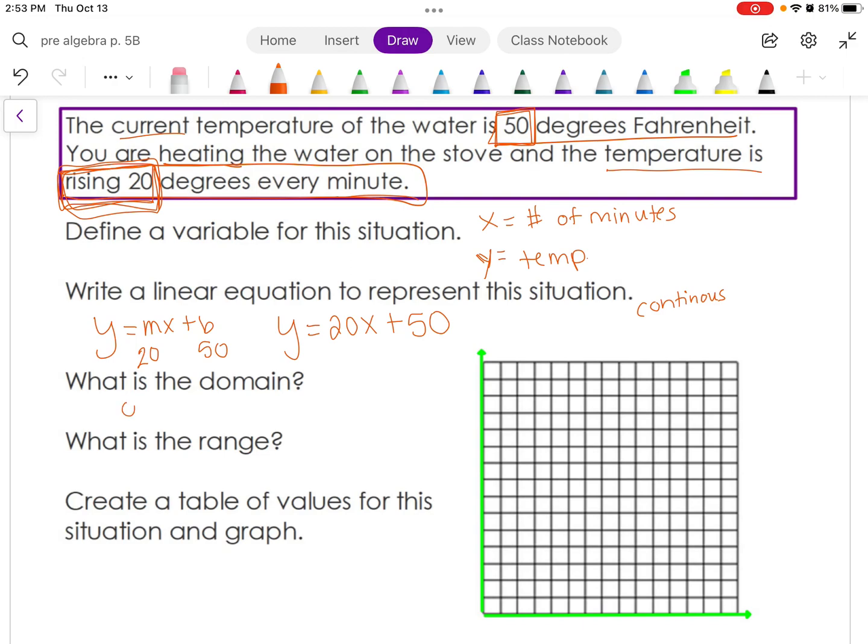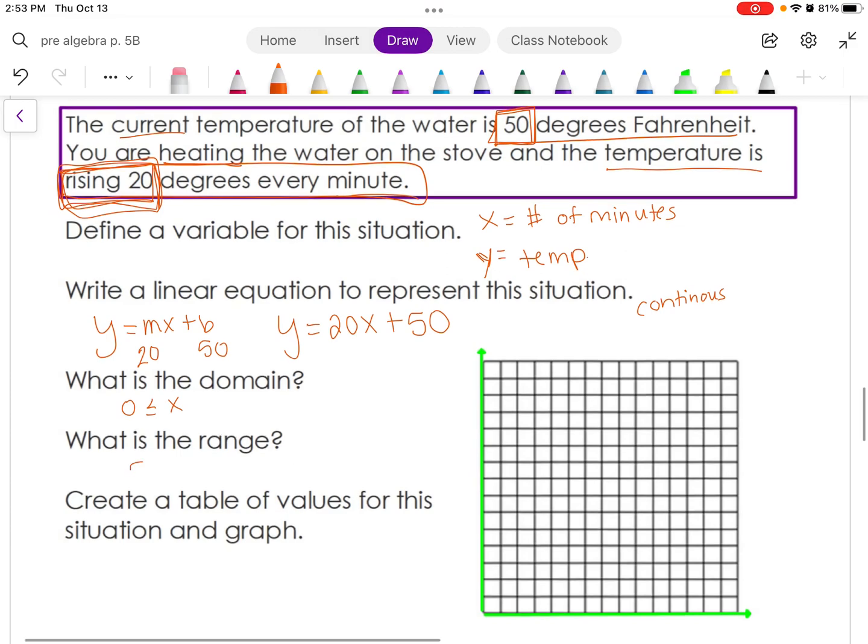So I'm going to write this as 0 is less than or equal to x. And then for our range, well, our lowest temperature is 50 because that's where we started, and then we don't know where it ends. So 50 is less than or equal to y. You could also write it with the variable first, x is greater than or equal to 0, or y is greater than or equal to 50.